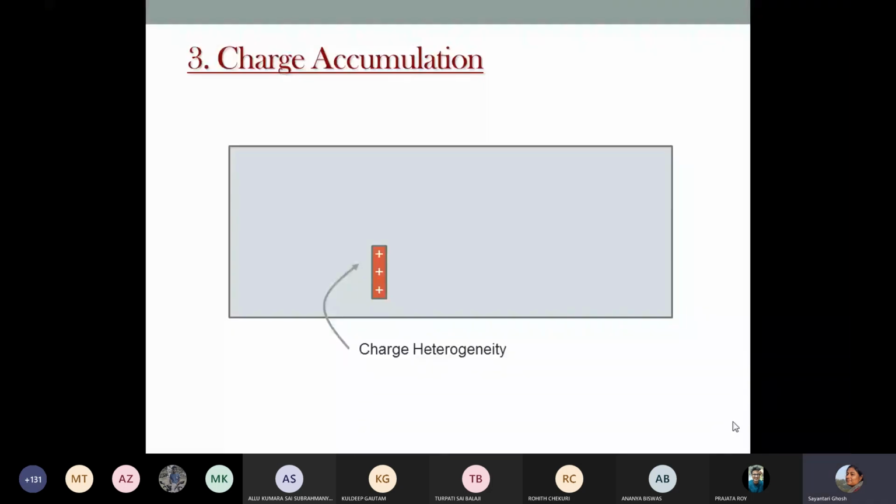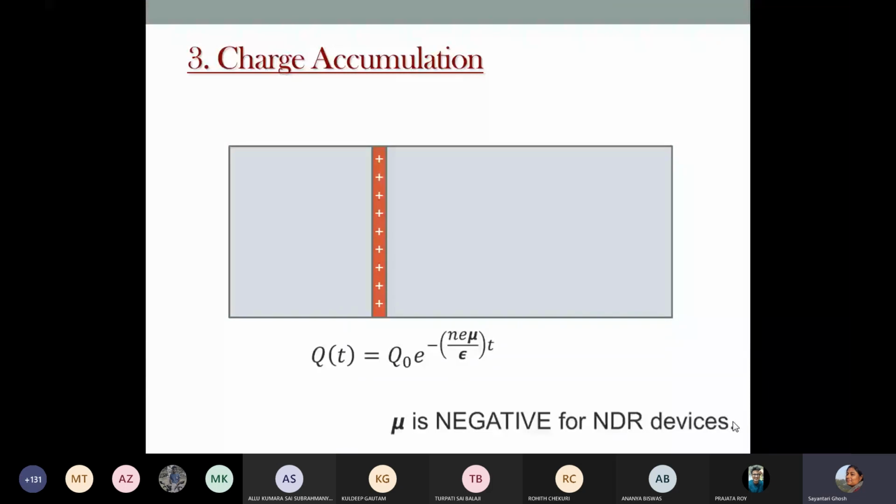If I try to incorporate mu inside, you should get something like this. That Qt or rho t, the charge or the charge density, is going to be something like this. So are you getting this kind of an expression?